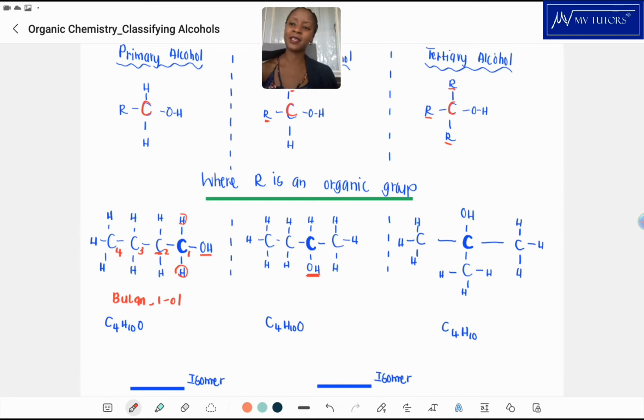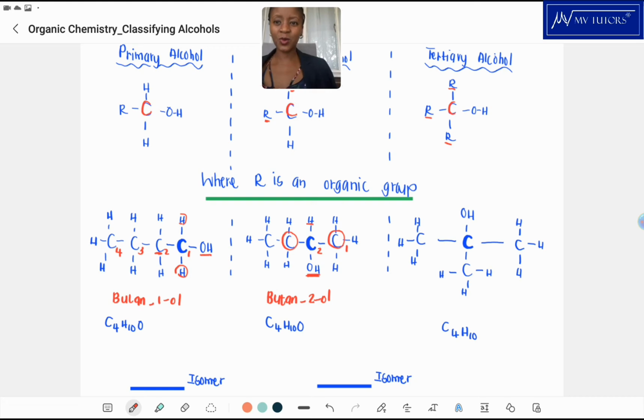I have this carbon over here, and that carbon over there, and then it's also attached to a hydrogen. So I have two carbons attached to my carbon of interest. Because it's two, this is going to be a secondary alcohol. And what would we name it? I would start numbering here. So this would be butan-2-ol.